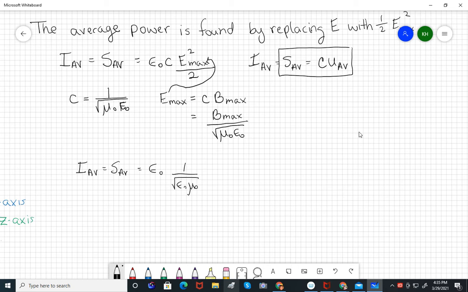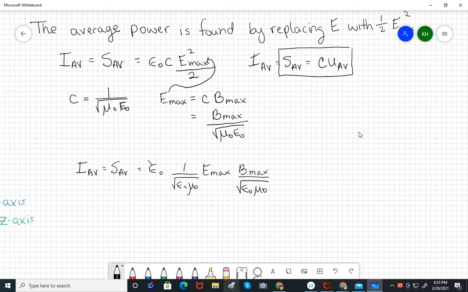Then I'm going to keep the E max, but replace one of the E maxes with B max.